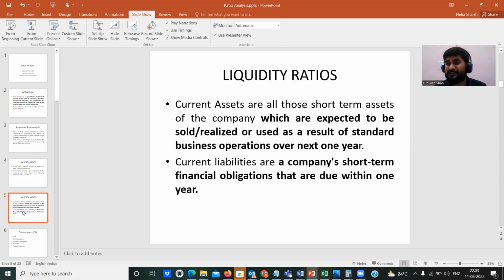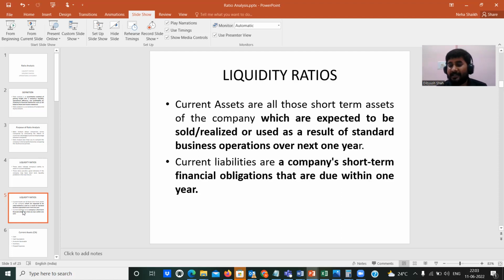And cash is, of course, a current asset because it is the most liquid asset. What are current liabilities? Current liabilities are companies' short-term financial obligations that are due within the next year.